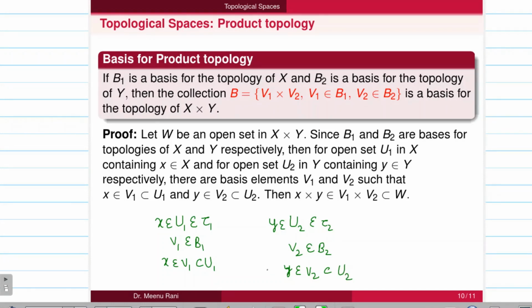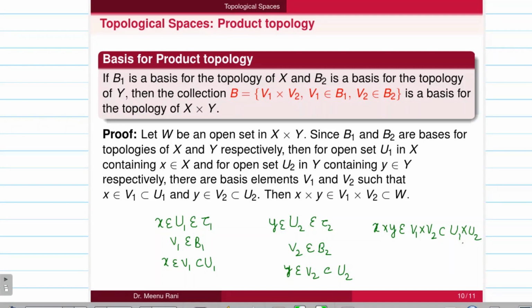Now take the cross product of these two, then we will get (x, y) belongs to V1 cross V2, which is further containing U1 cross U2.